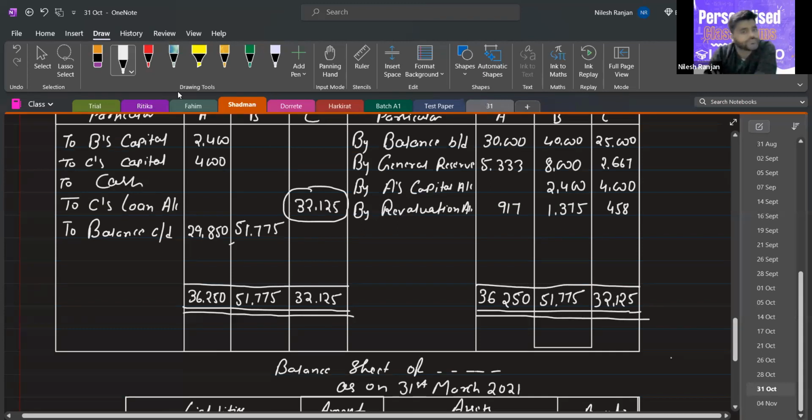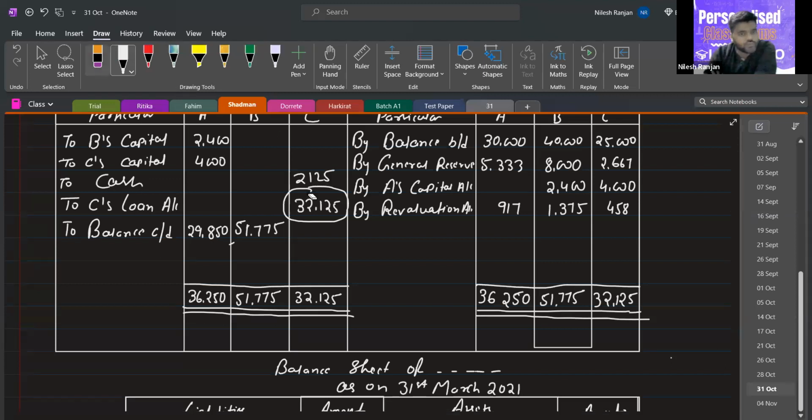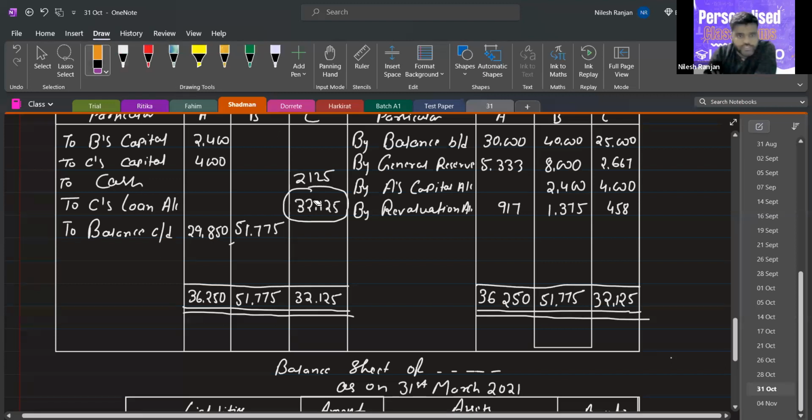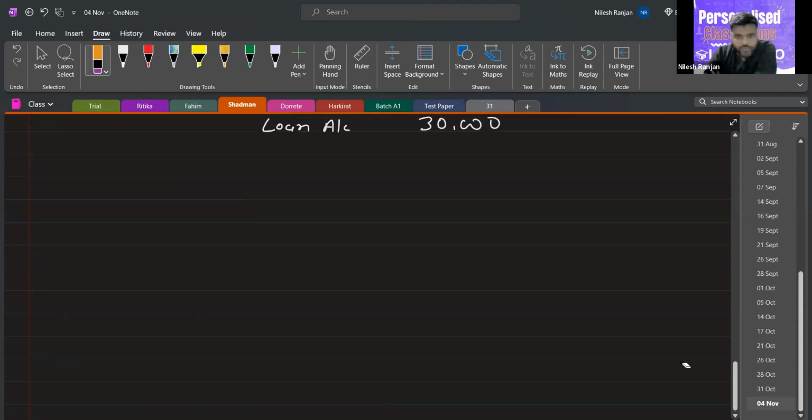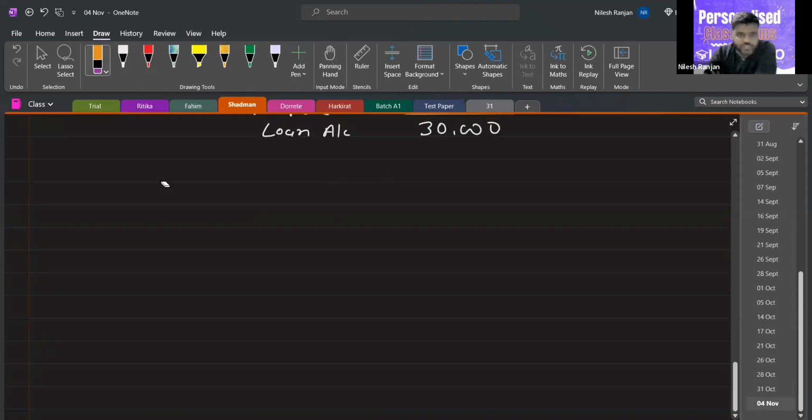So the balance will change. It will be 30,000 now. That's why we are solving the question at 30,000, so we will prepare a loan account for this 30,000.